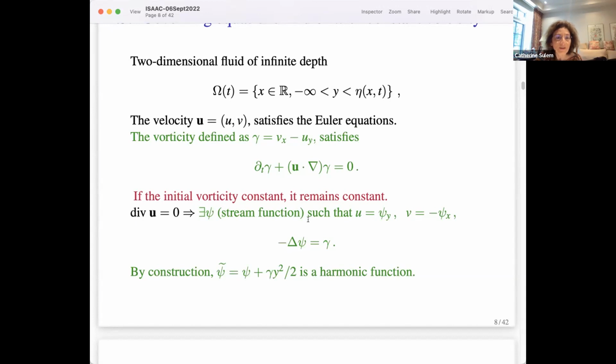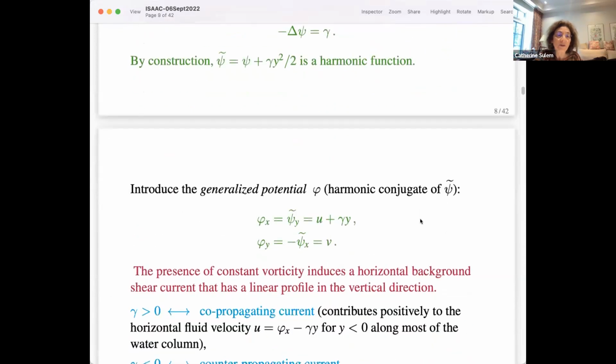The stream function satisfies the Poisson problem, and from this stream function, one can easily construct an associated function that I called psi tilde, that is harmonic, by modifying this stream function by an extra term, gamma y squared divided by 2. So one can associate a harmonic conjugate, that we call generalized potential.